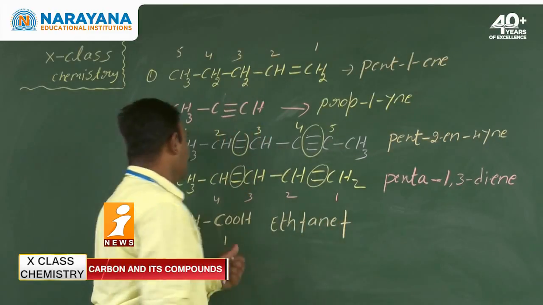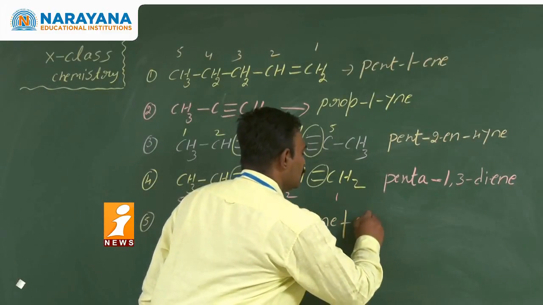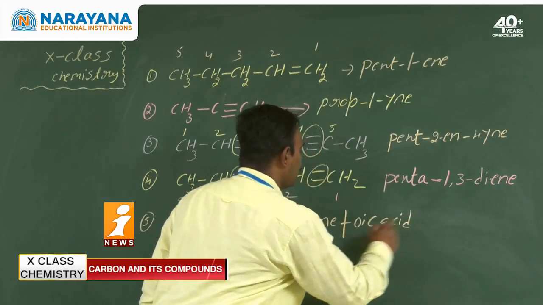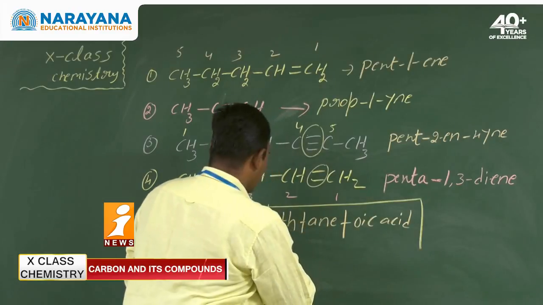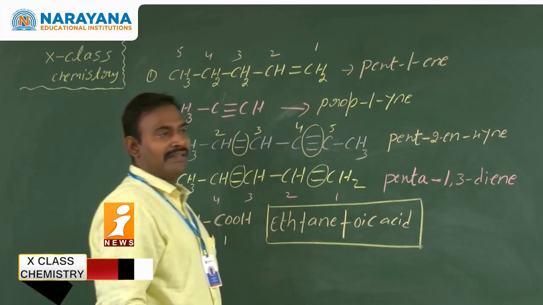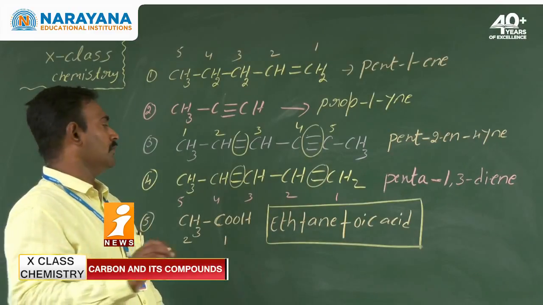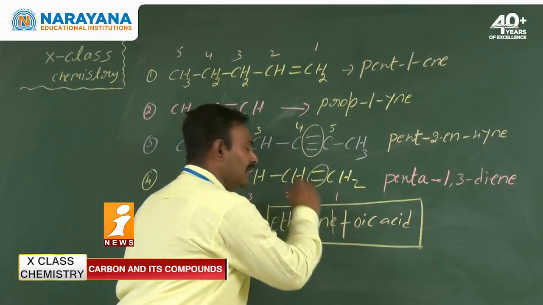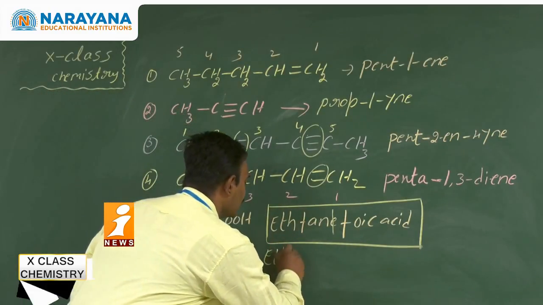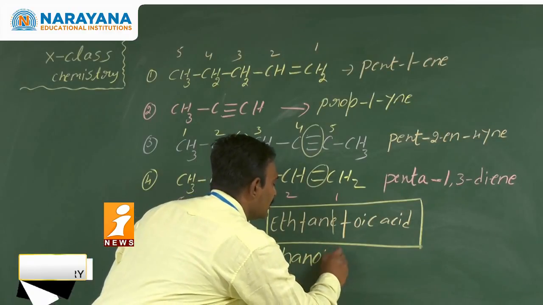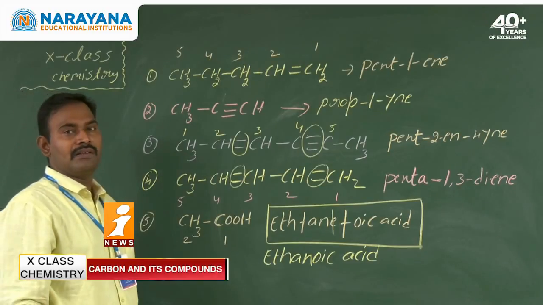Ane. And what is the secondary suffix for carboxylic acid? Oic acid. Remember, if the suffix starts with a vowel, A, E, I, O, U, then remove the letter E. Then the name will be ethanoic acid.